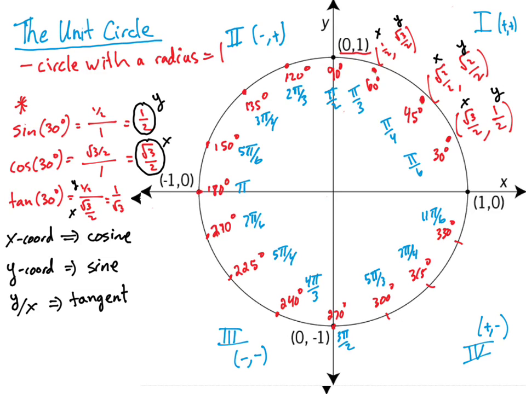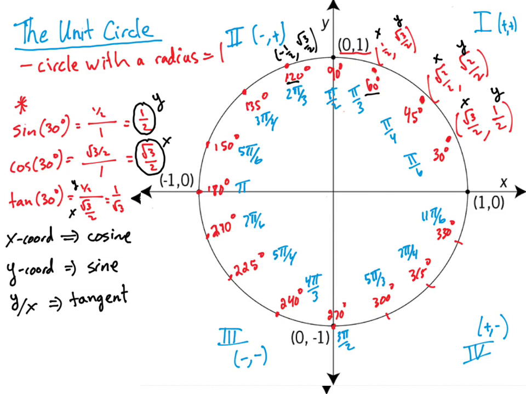So now that we have all the angles, we can go ahead and label each of the coordinate values for each angle. Notice that 120 degrees is a reflection over the y-axis of 60 degrees. So the coordinates are the same. The only difference is that the x-coordinate is negative.